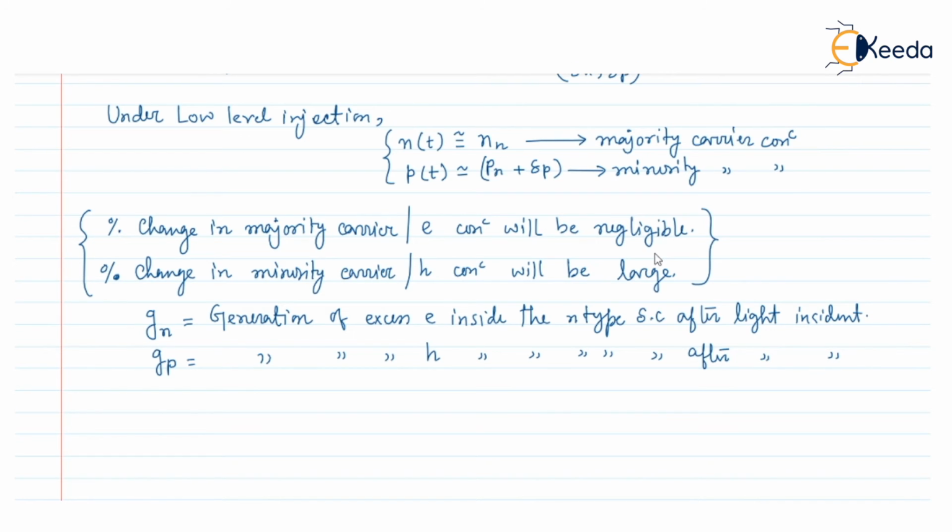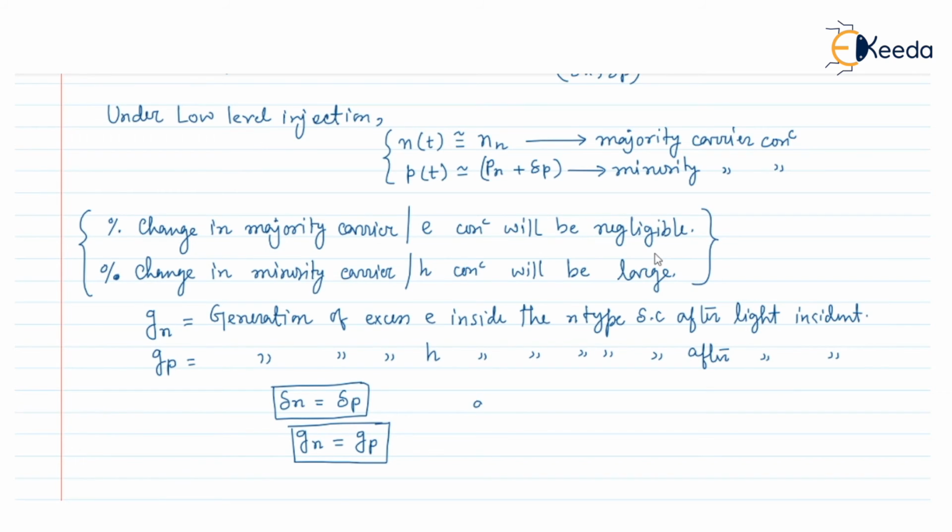Since the excess electrons and holes are generated in pairs, del n is equal to del p, so Gn, the generation rate of excess electrons, should be equal to the generation rate of excess holes.